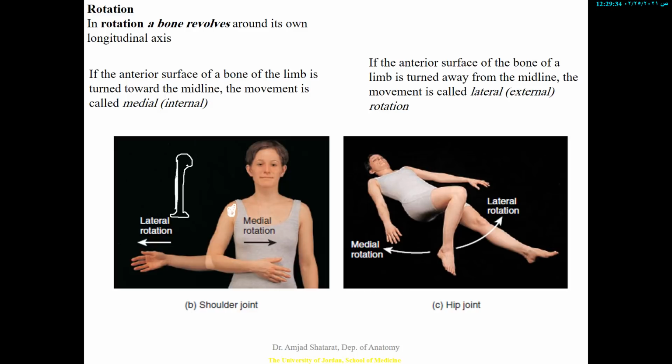Now this is the anterior of the humerus, the lesser tubercle, and this is the glenoid cavity. When we move the anterior surface outside, this is lateral rotation. When we move the anterior surface inside, this is medial rotation.